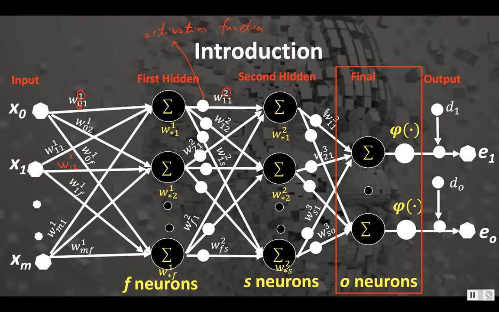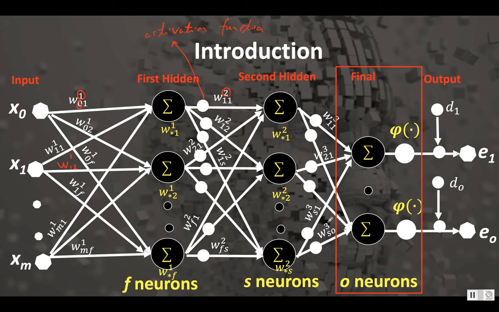This 3 means it goes to the third layer, and this 1 means it comes from the first neuron of the second hidden layer. And this last 1 means it goes to the first neuron in the final layer. Similarly, if we assume we have O neurons in the final layer, the last one will be W3SO.